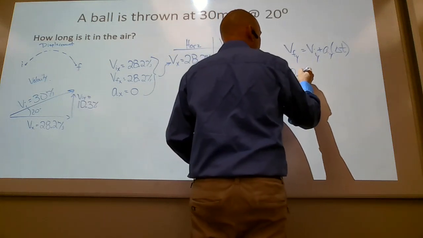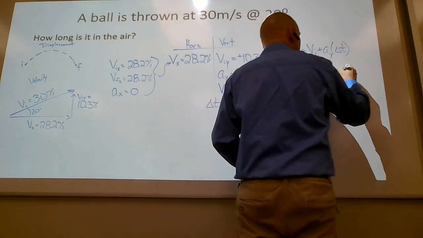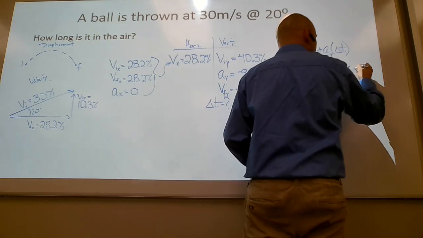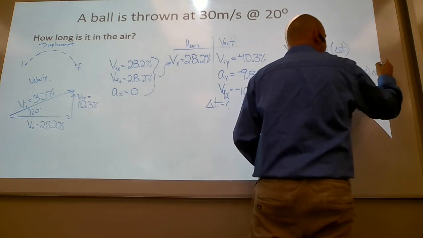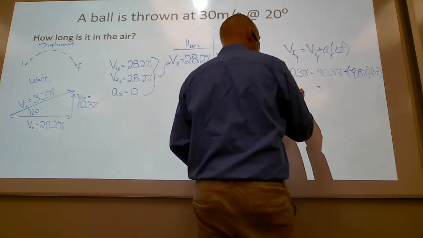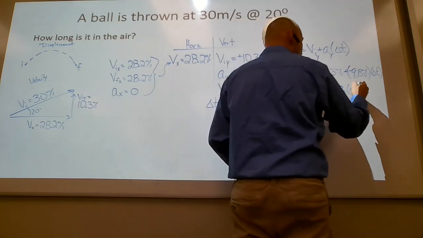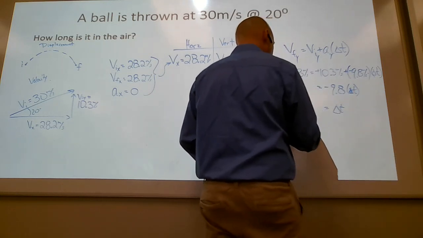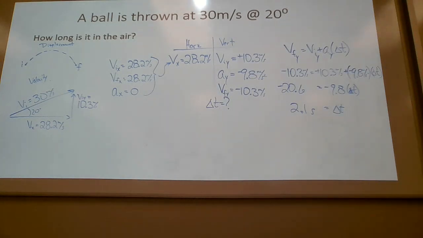So you have a negative 10.3 meters per second is equal to a positive 10.3 meters per second plus negative 9.8 meters per second squared, delta t. And that would be 2.1 seconds. How do we do?